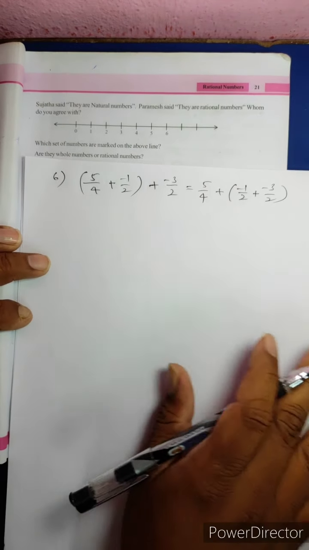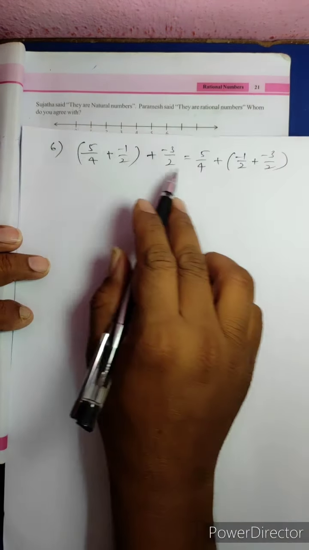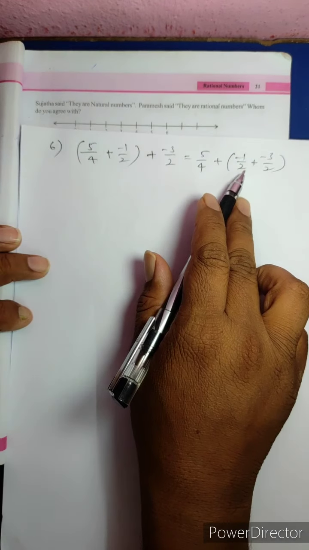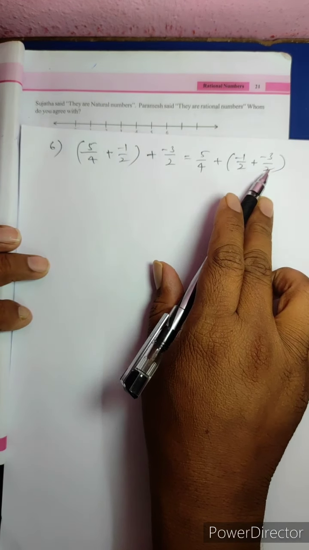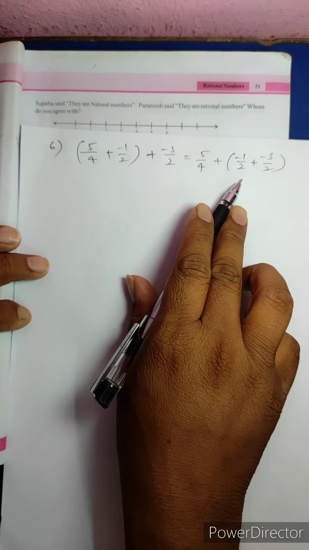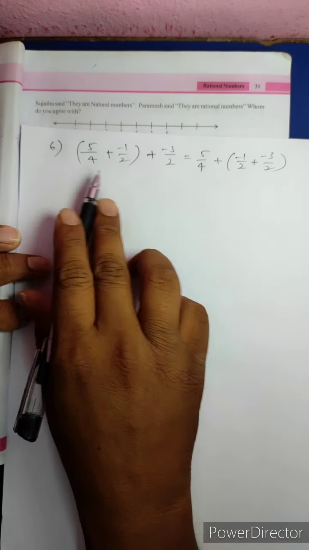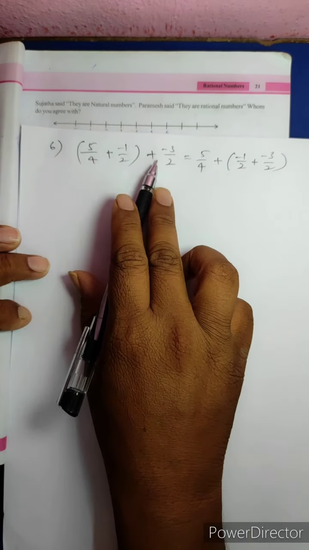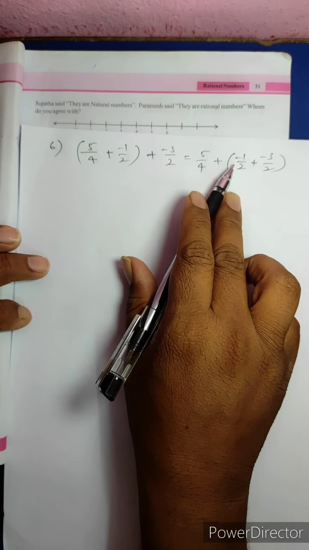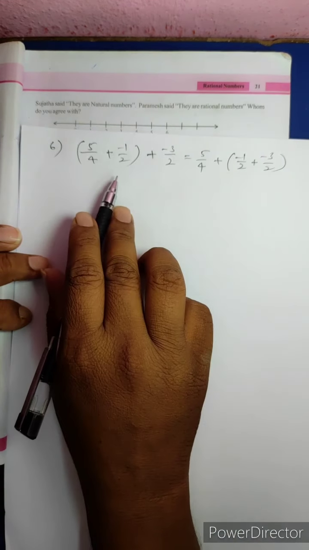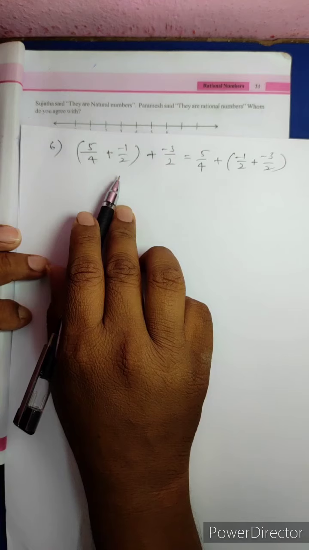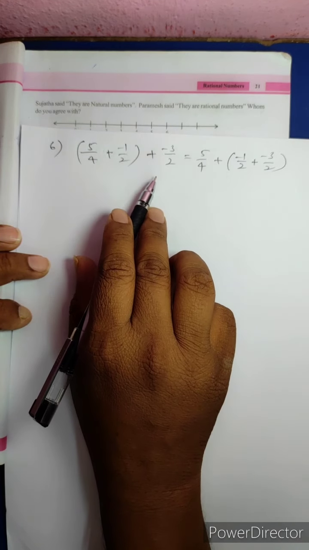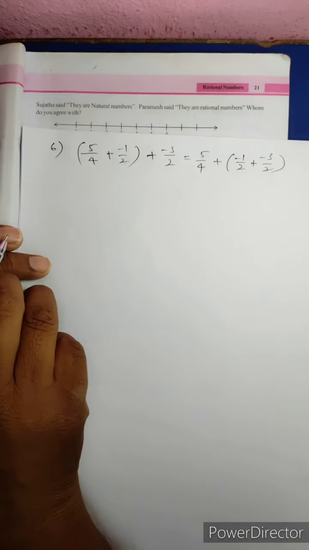Observe carefully: 5 by 4, 5 by 4, minus 1 by 2, minus 1 by 2, minus 3 by 2, minus 3 by 2. Left hand side and right hand side have the same rational numbers. A plus B plus C equals A plus B plus C. So this is the associative property under addition in rational numbers.